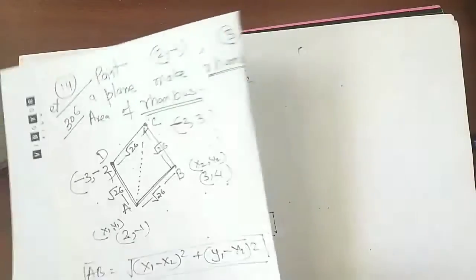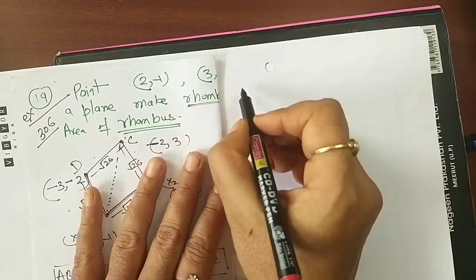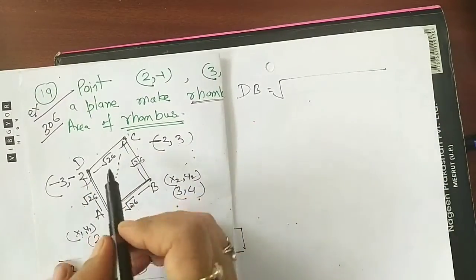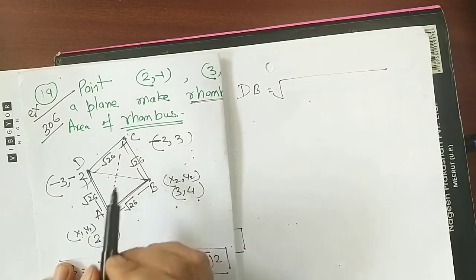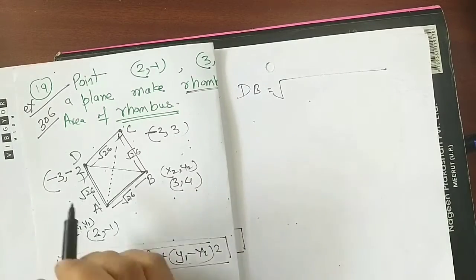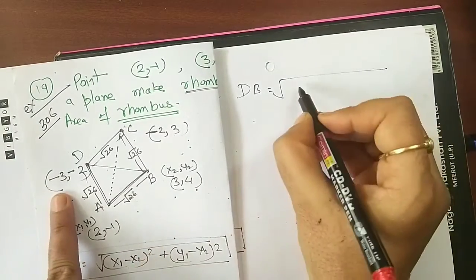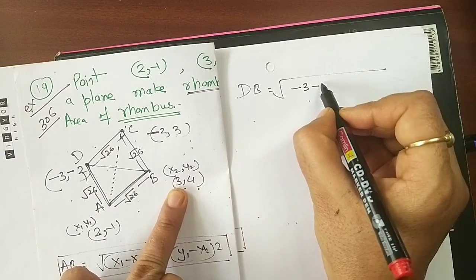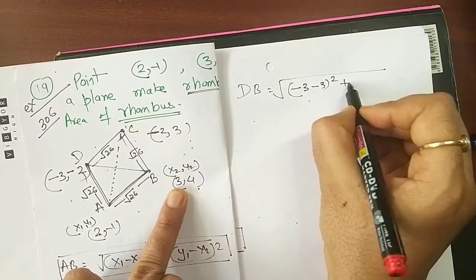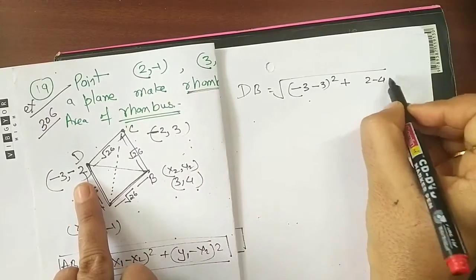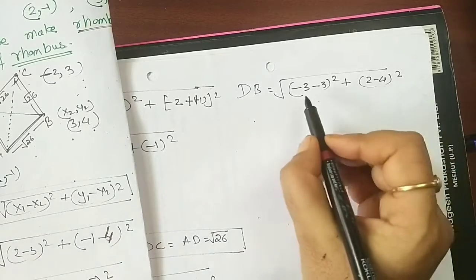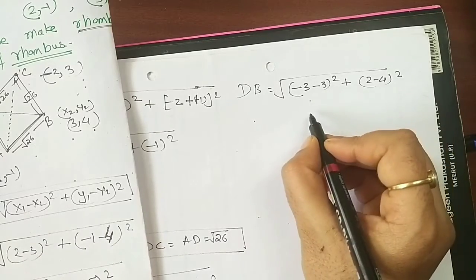Let me calculate DB now. Okay? DB. So DB will be root of this thing. So this will be, write down, minus 3 minus of 3 square plus this is 2 minus 4 square. Okay, and minus of minus 3 is what?